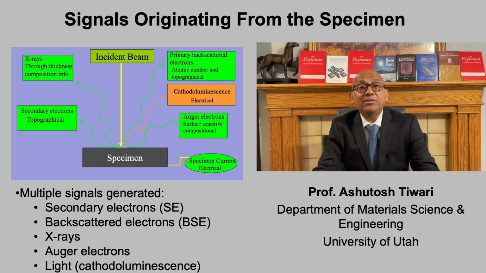Understanding where these signals come from and what they represent is central to interpreting electron microscopy images correctly. In the next few slides, we will examine these signals one by one, starting with those most commonly used in scanning electron microscopy.